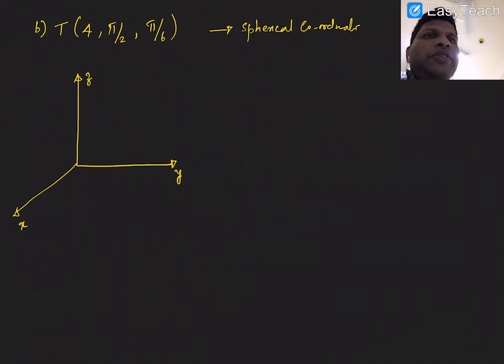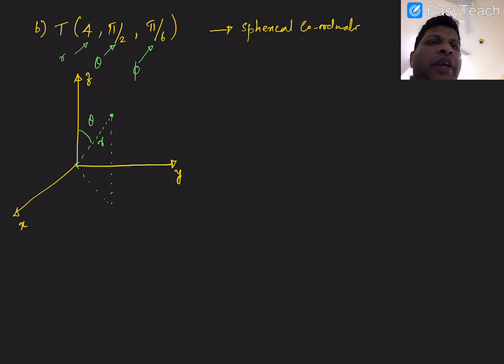So this is r, this is your theta, this is your phi. In the spherical coordinate system, a point is represented with its distance from the origin as r, and the angle it makes with respect to the z-axis is theta, and you can see this is its projection in the xy plane, and the angle of this projection with the x-axis is phi.